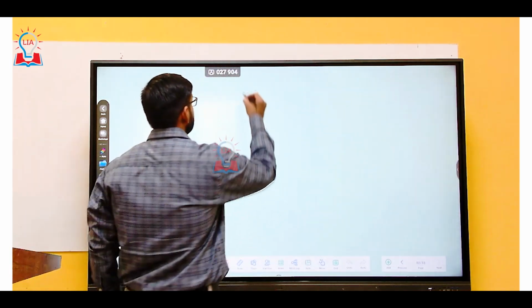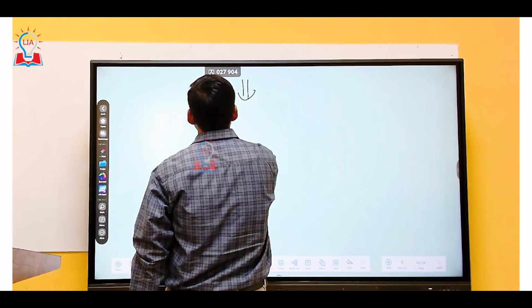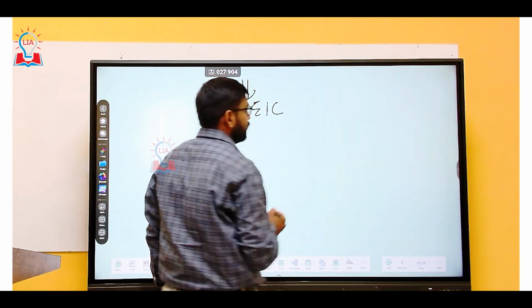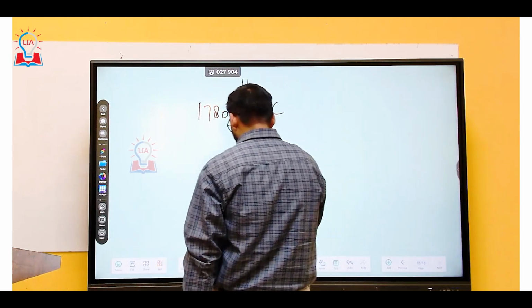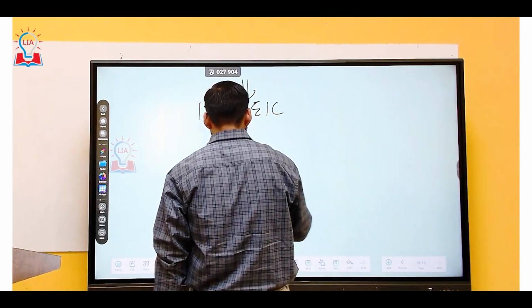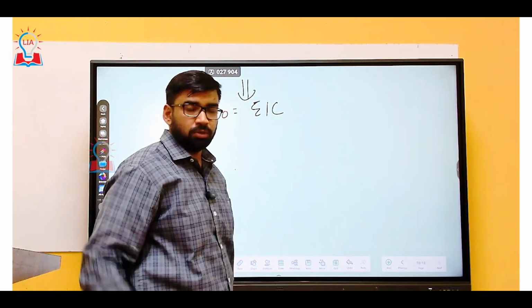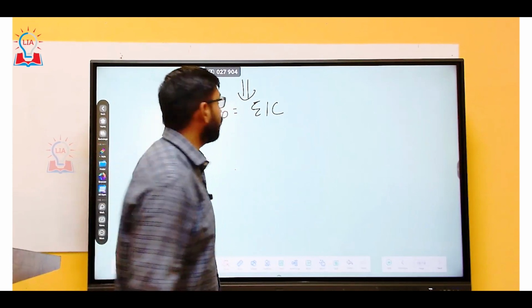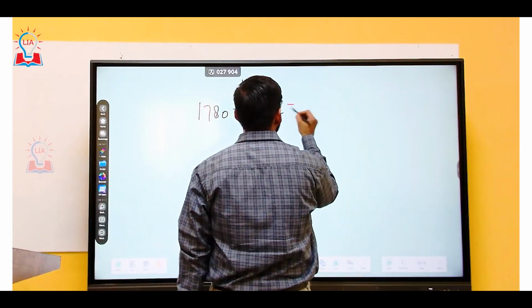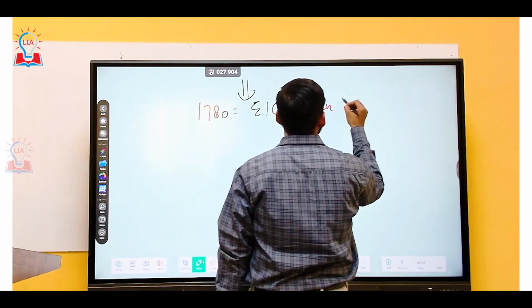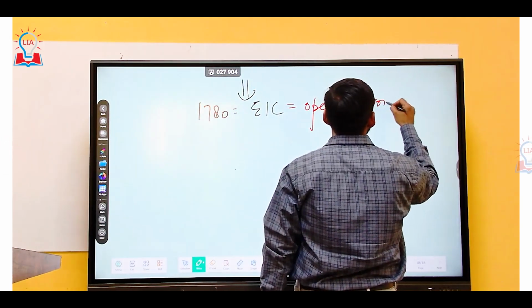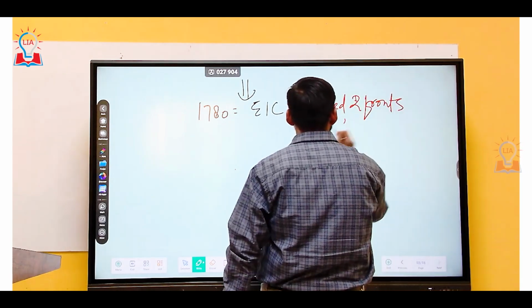Now, in 1780, East India Company opened 2 front wars. To wage a war, to fight a war, you need money. Getting my point? So East India Company opened 2 fronts with whom?